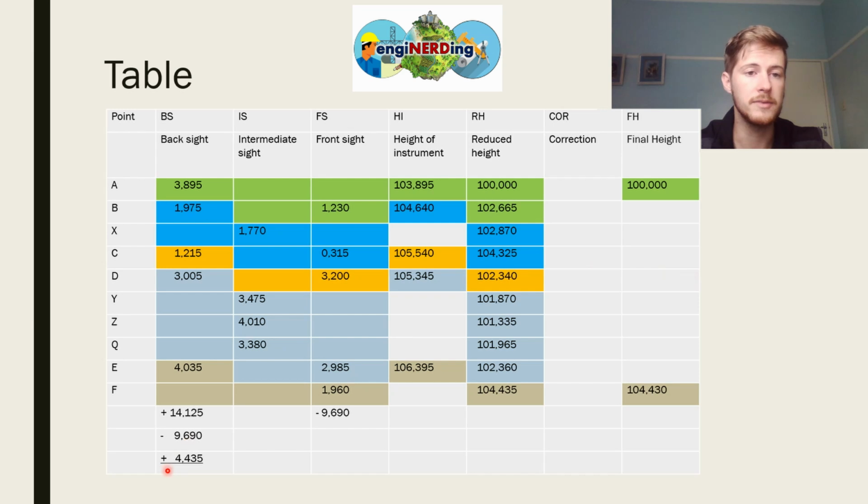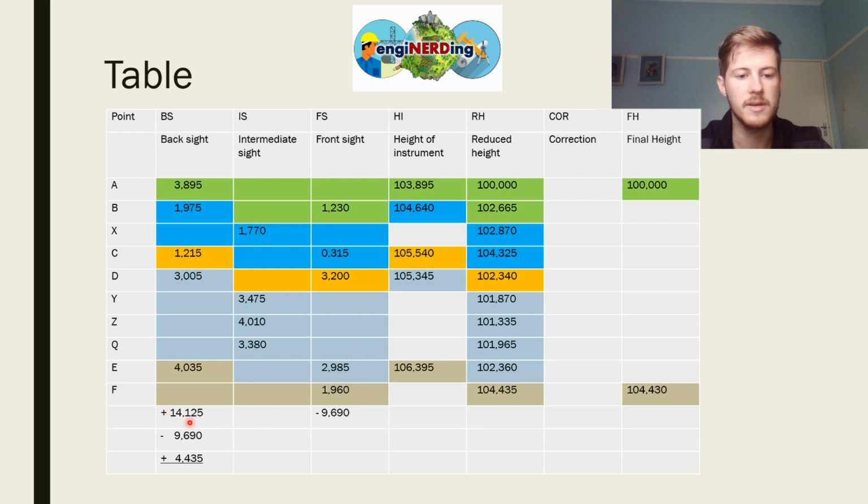But first we have to do a check to see if we've done our calculations right up until this point. So we'll start by adding all our backsides, same as the rise and fall method. Take all your backsides, add them together, and you get 14.125. Then you take all your foresights, add them all together, and you get 9.690.